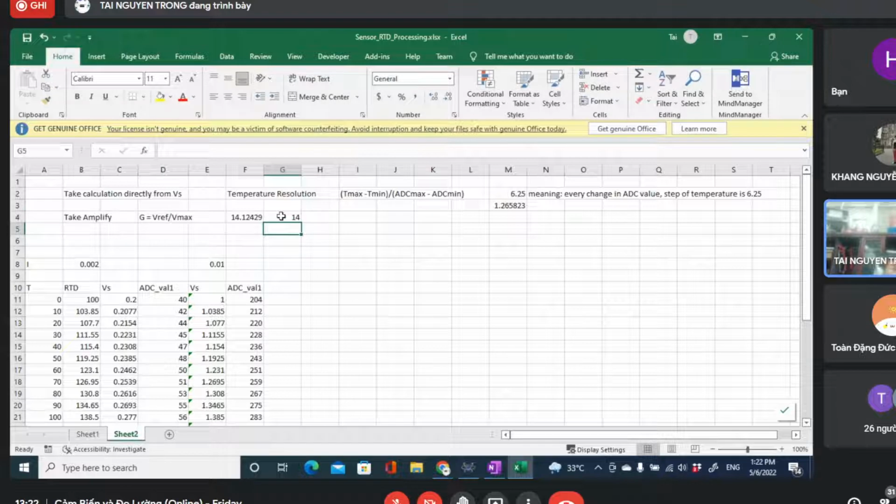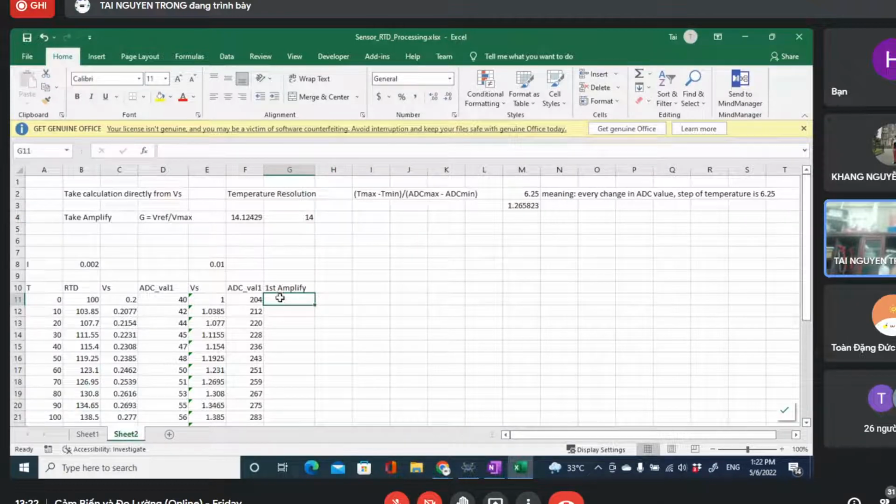Okay, and if I multiply by the amplifier, then the value in this case will be equal to this one, and multiplied by this one.